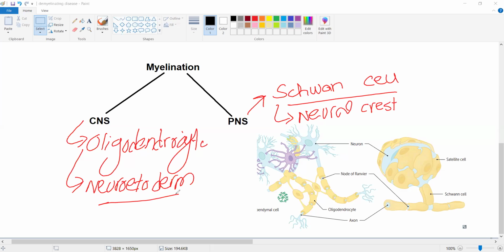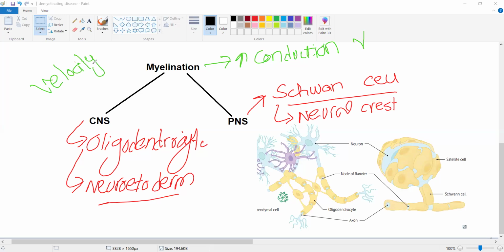Myelination increases the conduction velocity. So what is the formula of velocity in physics?